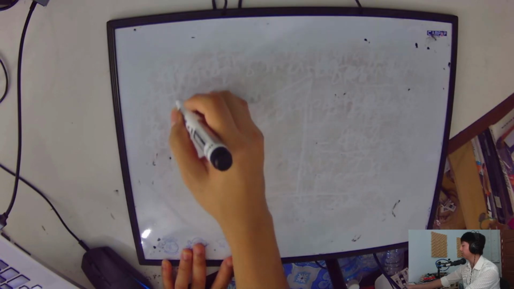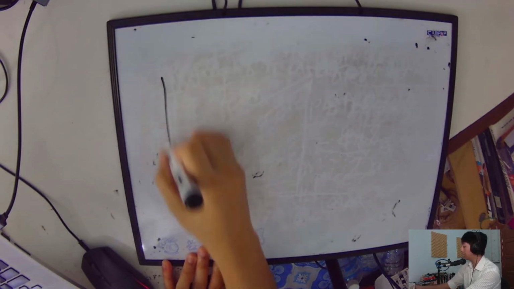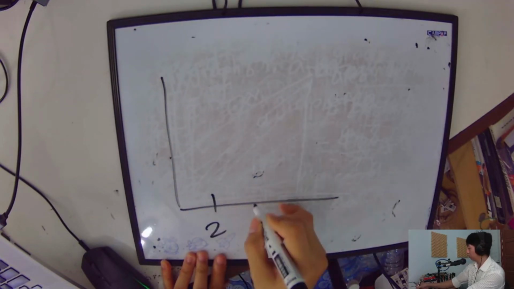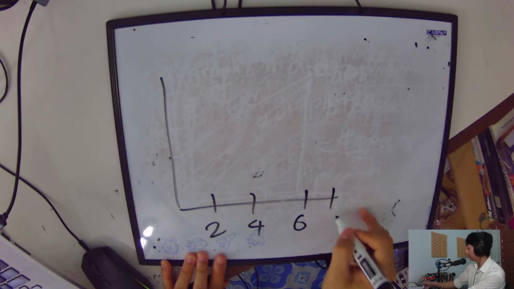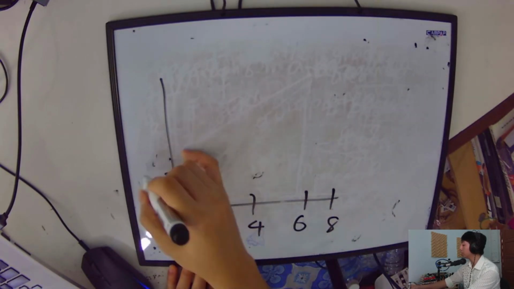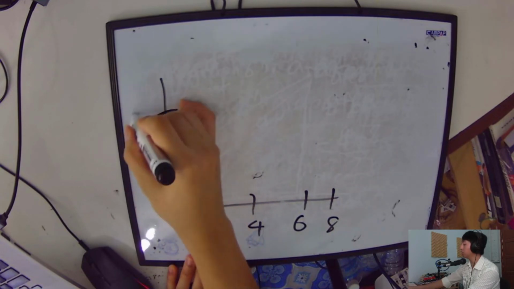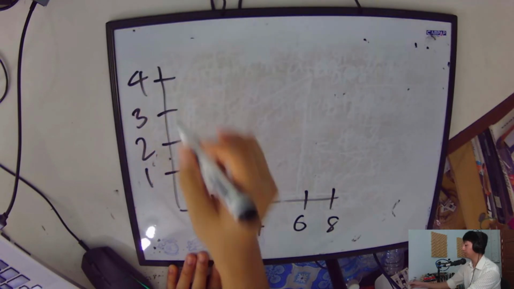Okay, here's an example that, well, it's still easy. I'm going to go ahead. So 2, 4, 6, 8, and 1, 2, 3, 4.